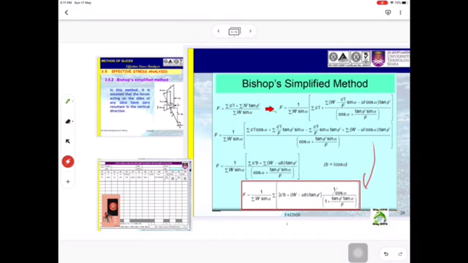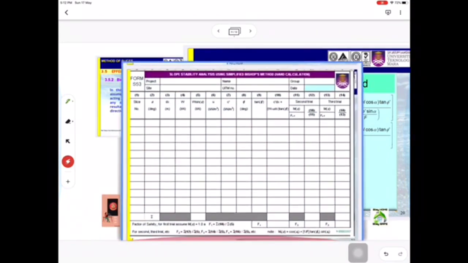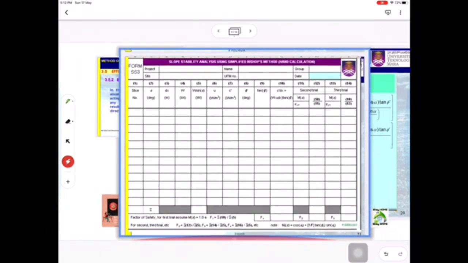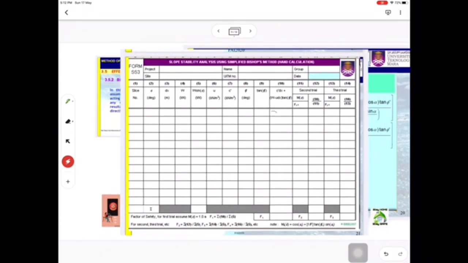So meaning that finally, factor of safety is equal to 1 over summation of W sine alpha, summation of these. So there is a factor of safety in the equation, meaning that you have to do trial and error.